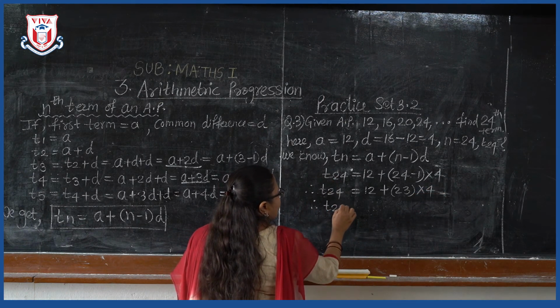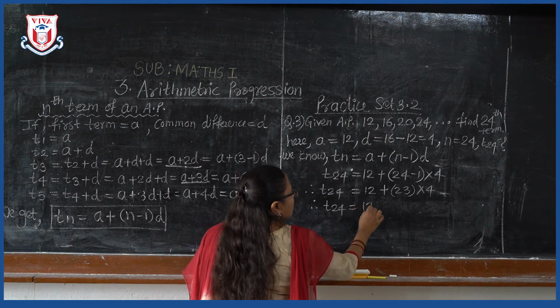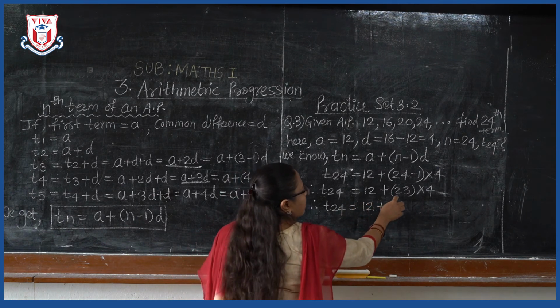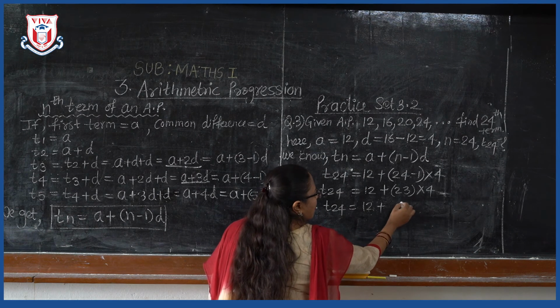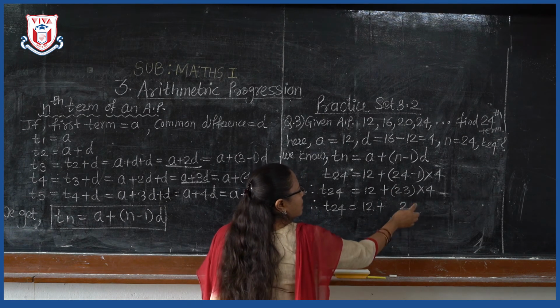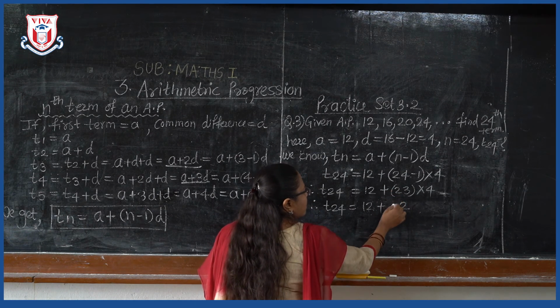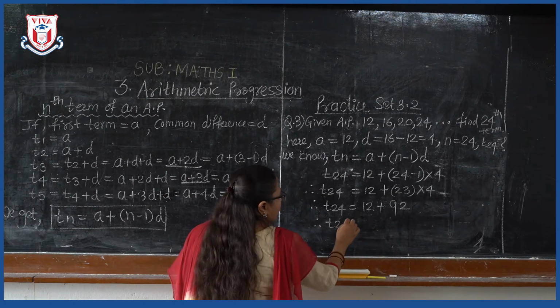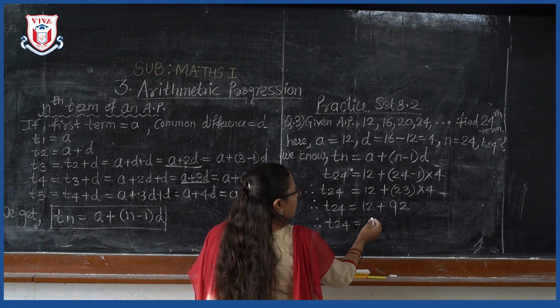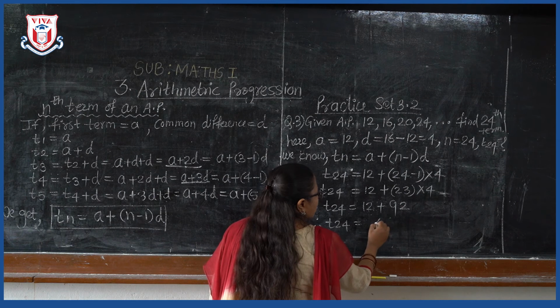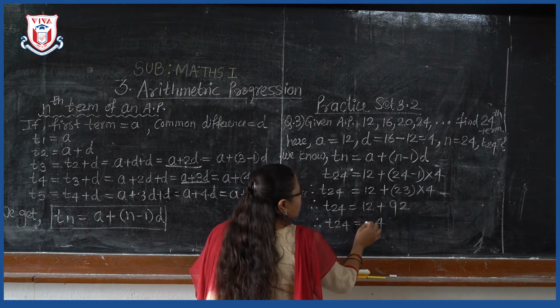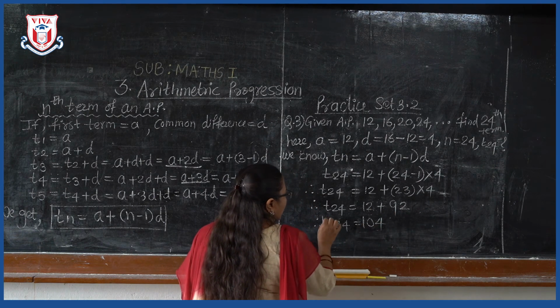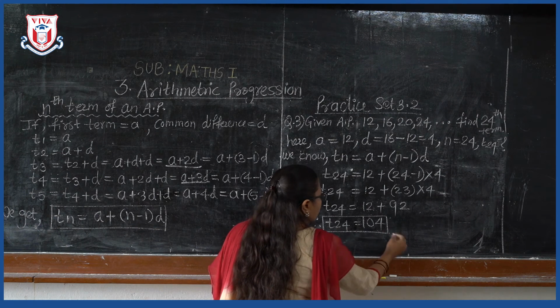Therefore T24 is equal to 12 plus, now multiply this: 4 3s are 12, carry 1, 4 2s are 8, 8 plus 1 is 9. Therefore T24 is equal to 12 plus 92, which is 104.